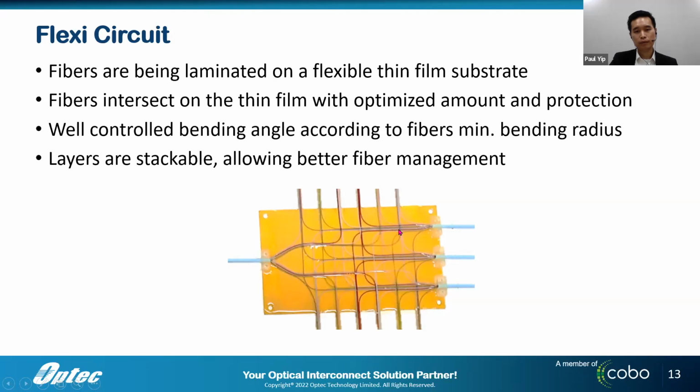So typically, we are saying that fibers are intersecting on the thin film, so that it is managed in a proper way and control the bending radius just to make sure there is no extra loss because of the bending radius put inside the link. So once this is made, it can be stacked up so that we can, for example, do 200 fibers per layer, and 5 layers will give 1,000 fibers. So it's a very flexible way to plan it.